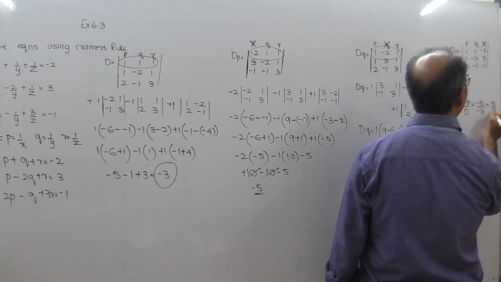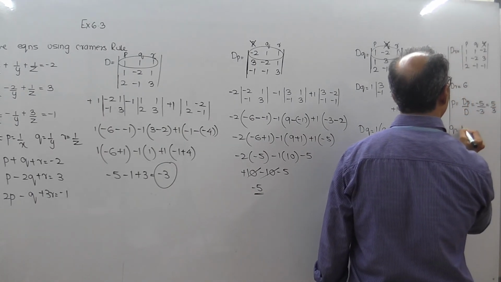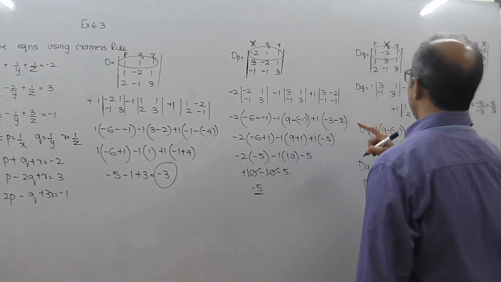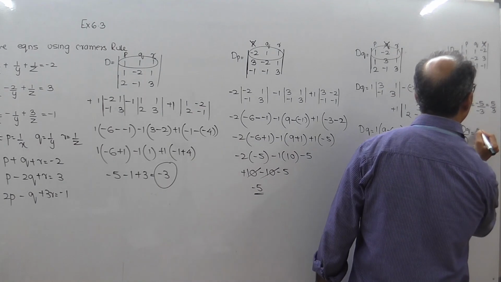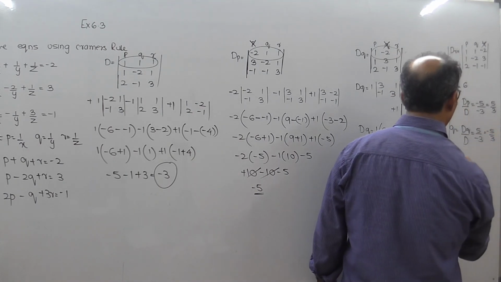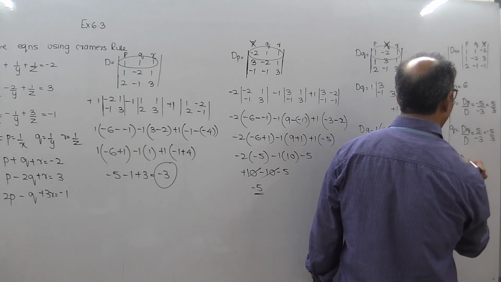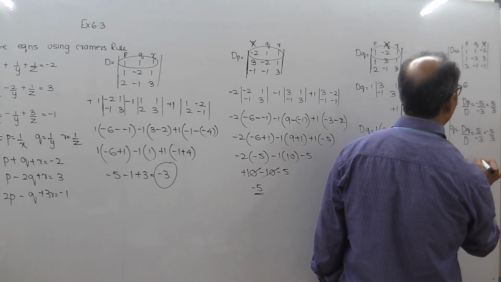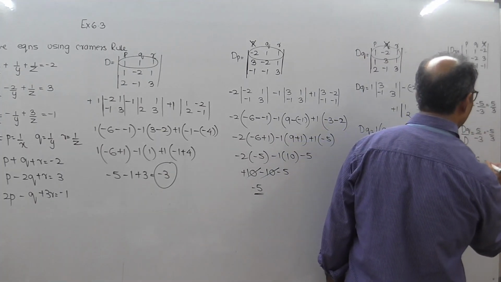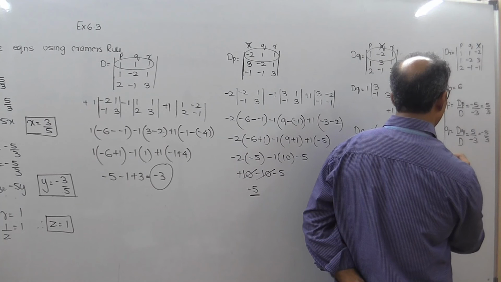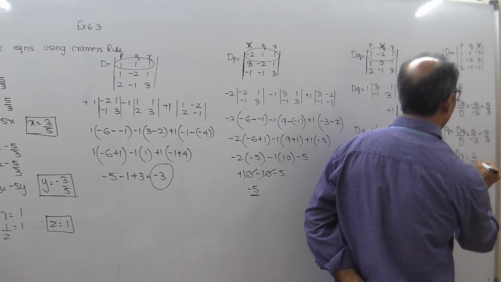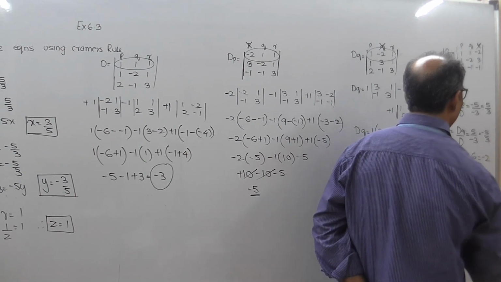Therefore, the answer will be 5 by 3. q will be dq upon d. dq, which is 5 upon minus 3, the answer is minus 5 by 3. r will be equal to dr upon d. That is 6 upon 6. The answer is equal to 1. r equal to dr upon d, which is equal to 6 upon minus 3. The answer is minus 2.